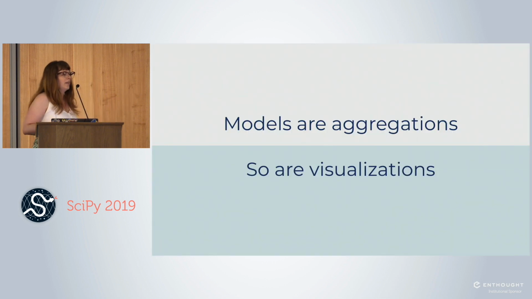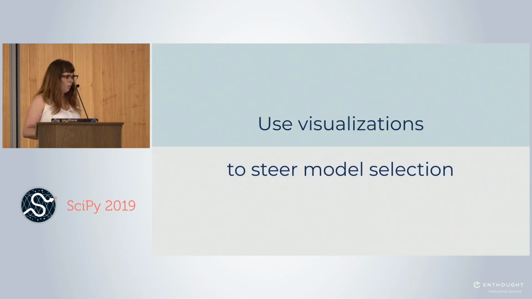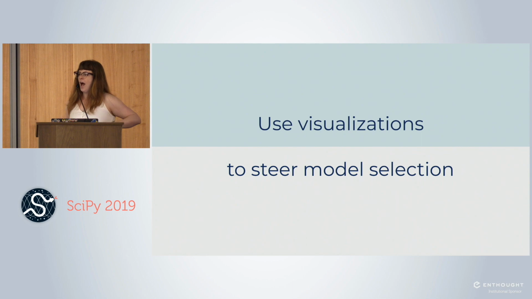And so the insight that I want to add to that is that machine learning models are really just aggregations of data, right? And so are data visualizations. It's just an aggregation of a lot of data. And so we should use visualizations for steering.